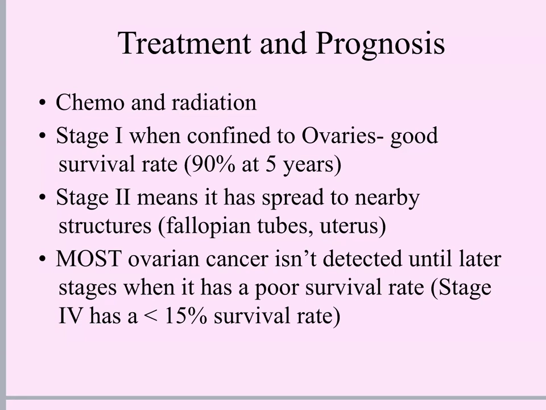Stage two means that it has spread to nearby structures, so the fallopian tubes and the uterus. Sadly, most ovarian cancer isn't detected until later stages when it has a poor survival rate. If it's stage four, which means it's mets to organs outside of the nearby structures, there's a less than 15% survival rate.